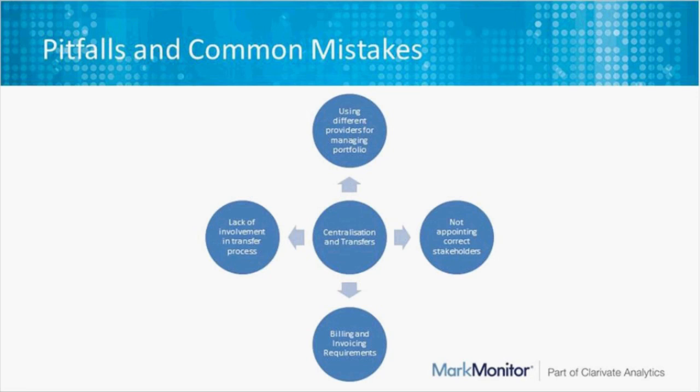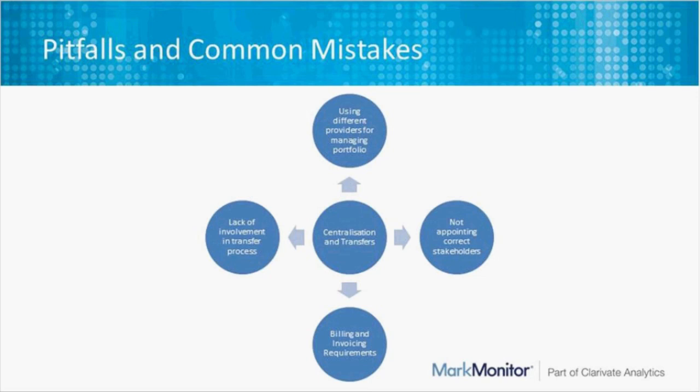Also, with regards to centralisation projects, another thing we tend to note is that of billing and invoicing. We find that incorrect billing or incorrect invoicing situations arise, and this tends to happen where we're not provided with different billing contacts or the correct billing contacts before we start the project.